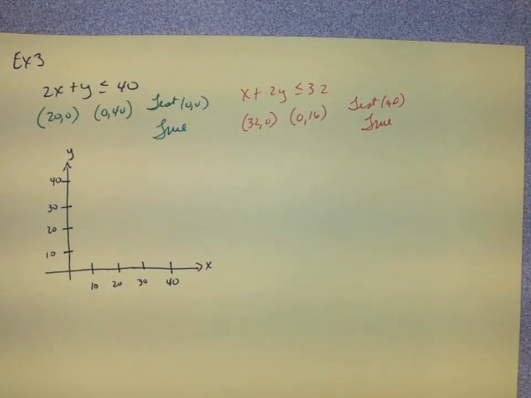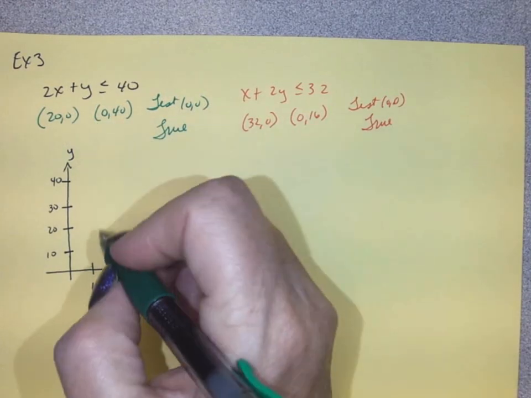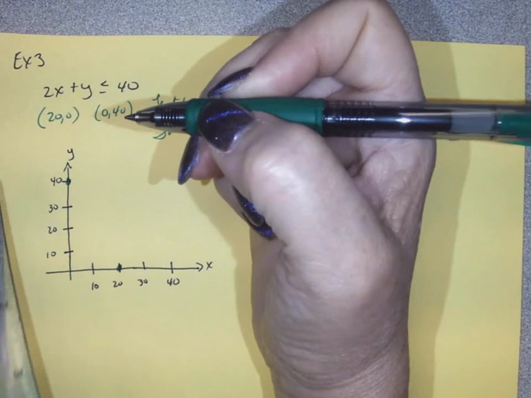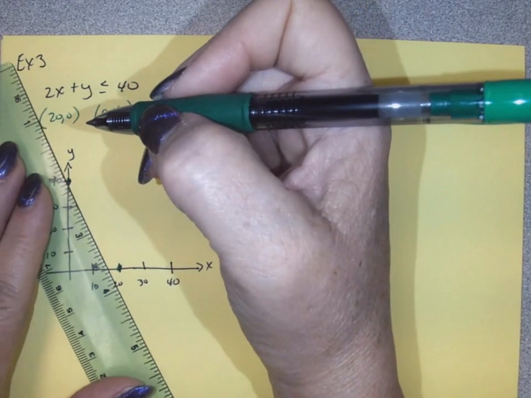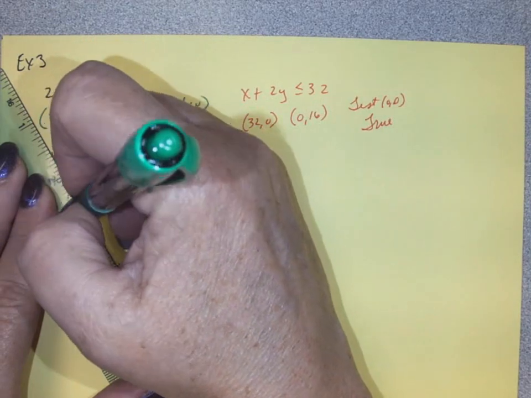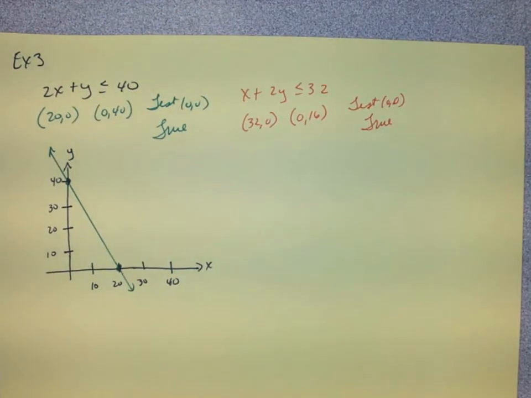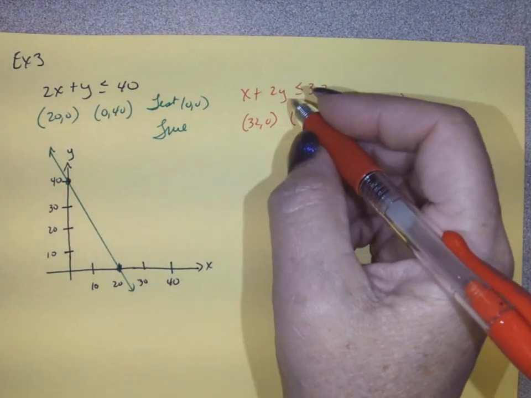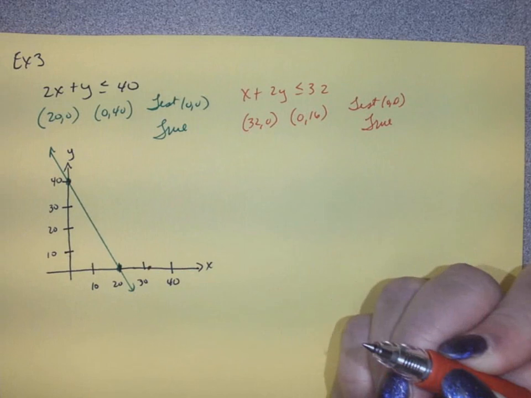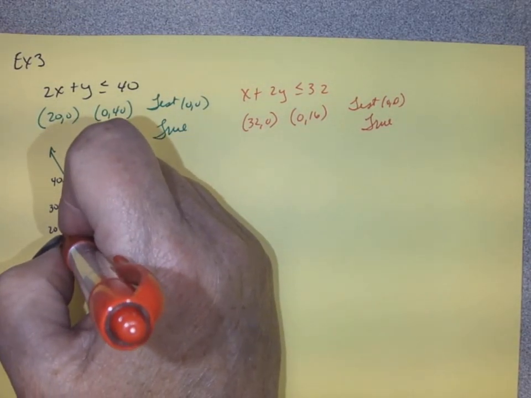All right, so for the green one, we had 20, 0, and we had 0, 40. All right, so let's draw our line. And then for the red values, we had 32, somewhere we're like right there, and 16, so about halfway and a little bit more.